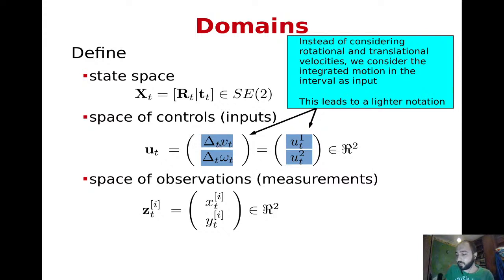We will perform an Euler integration of the unicycle model, so we already multiply it by a delta t, an integration interval. And so you have u_t1, u_t2. Remember that this 2 is not a power of 2, it is just an index. Okay. And then we have the space of the observation. The map is made of 2D points. We can perceive 2D points, so the measurement belongs to R2 in this case. Okay.